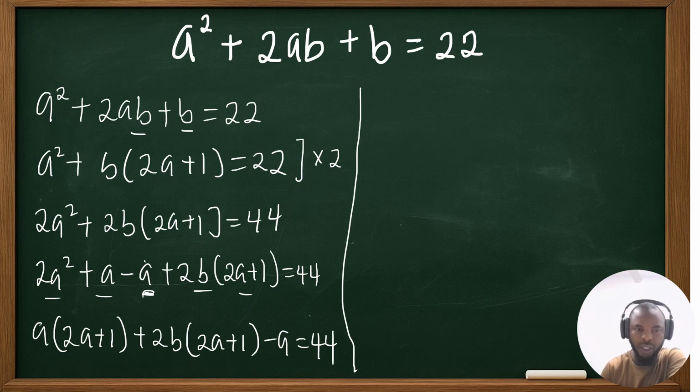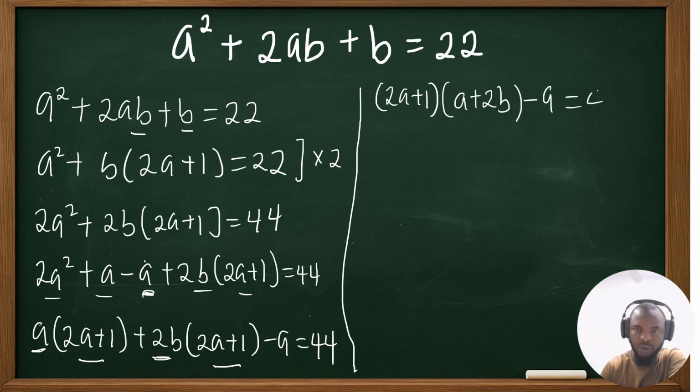Now, solving further, 2a plus 1 is common to both terms. You can factor that out. You have 2a plus 1 common, and outside the parentheses we are left with a plus 2b minus a equals 44.